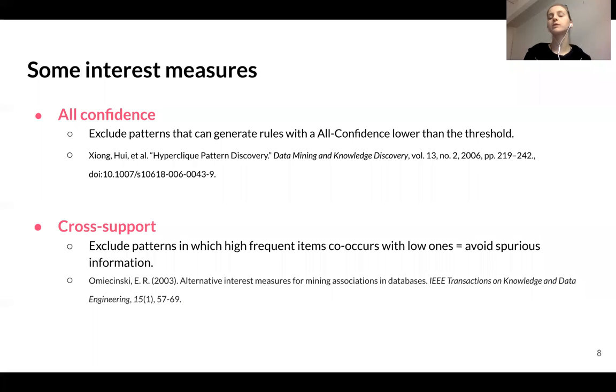If a microbe is really high frequent and another is really low frequent, the association between them can be only related to the one with the highest frequency, and so this is not informative. So maybe cleaning the information with this measure can be useful for us.